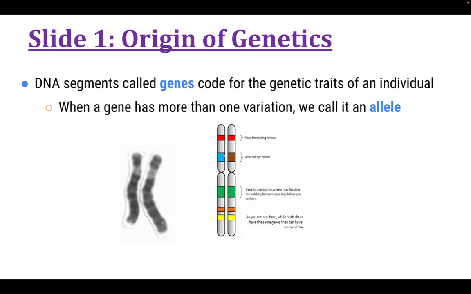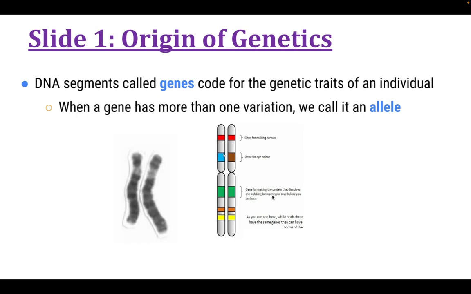You'll hear these terms used a lot, so I just want to quickly tell you how they're different. Here is an example of an allele: the gene for eye color. Not every individual has the same allele for eye color, but there is a gene that codes for a protein that breaks down the webbing between fingers during the early stages of development, and both parents have that gene.